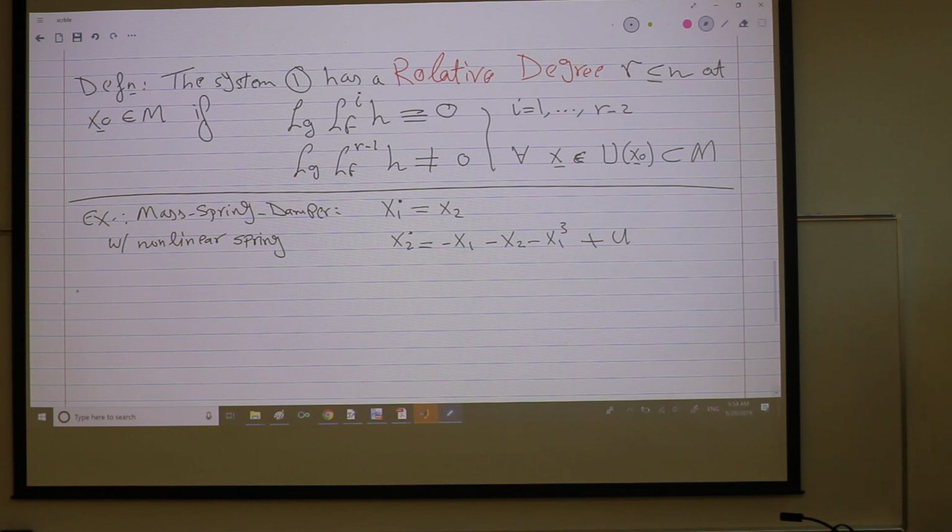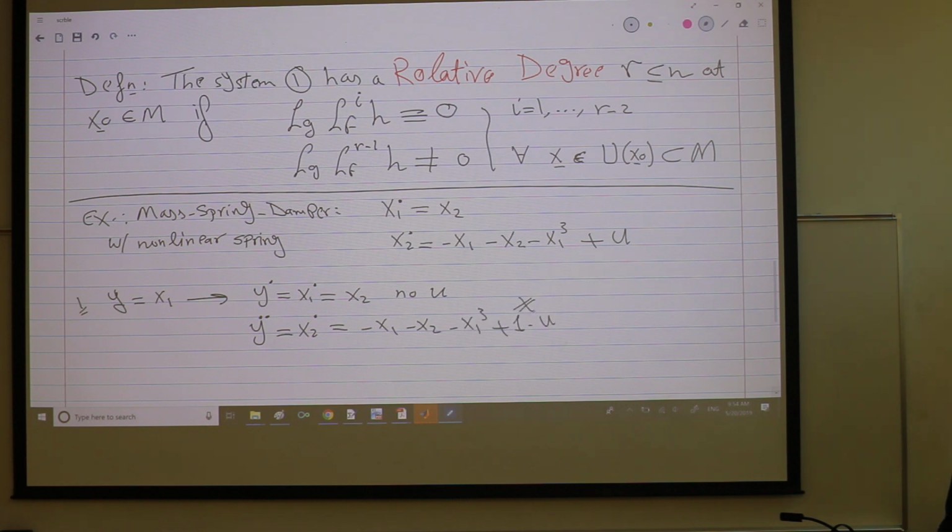Okay, so the first case, let's consider your output to be just x1. So please differentiate your output. It's x1 dot, so this is x2. No u here, no coefficient of u. So I'm going to differentiate again. Now y double dot is just x2 dot, which is negative x1, negative x2, minus x1 cubed, plus 1 times u.